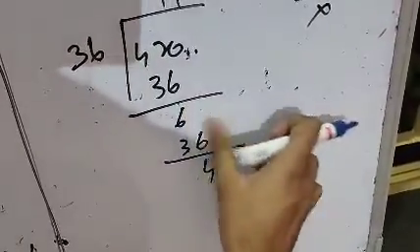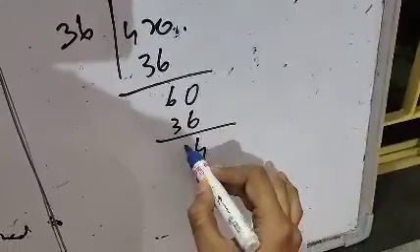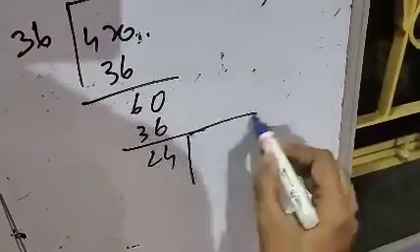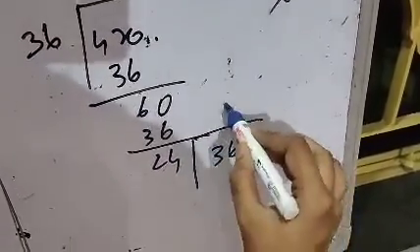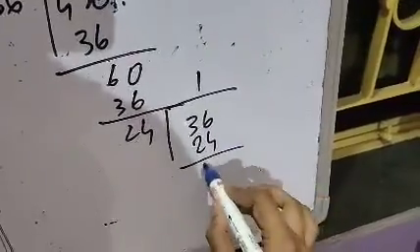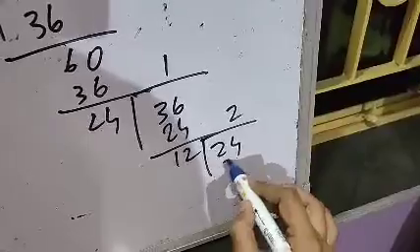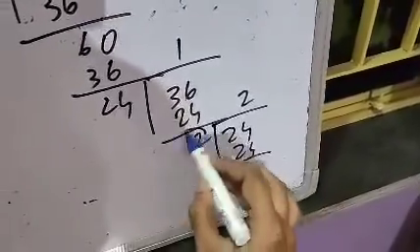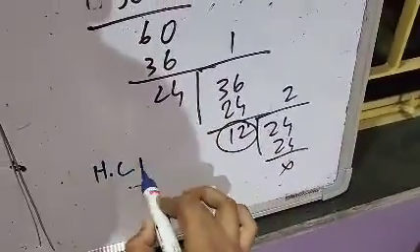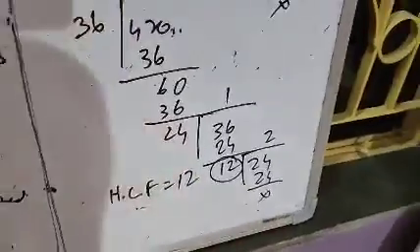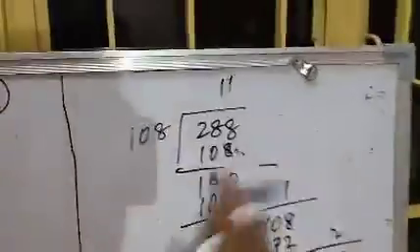This is 0. Two is 24. Clear? So our HCF is 12. Clear? So question number 1 complete. Next question.